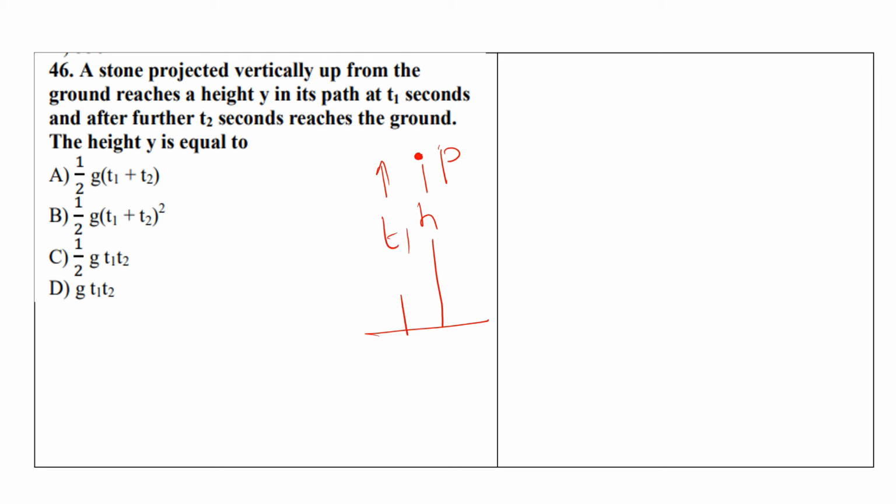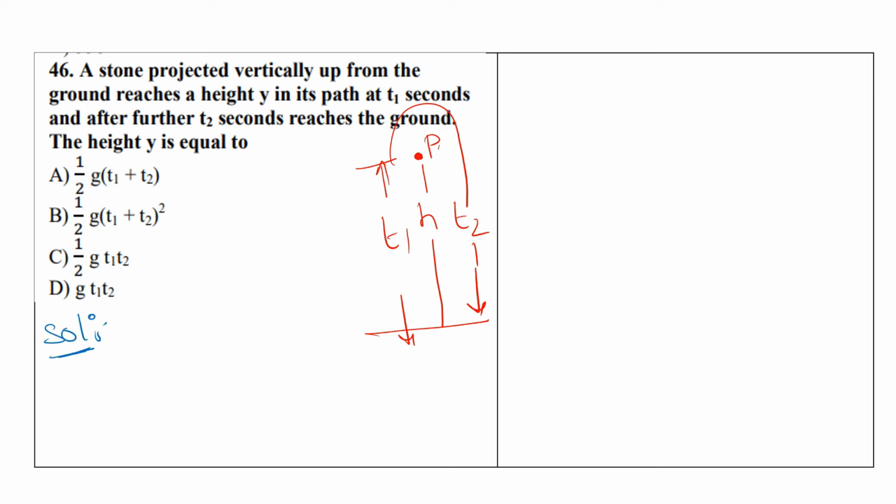This t1 and projecting after t2 seconds. This is a point P. Okay, so H1 is equals to, now let us go to the solution.